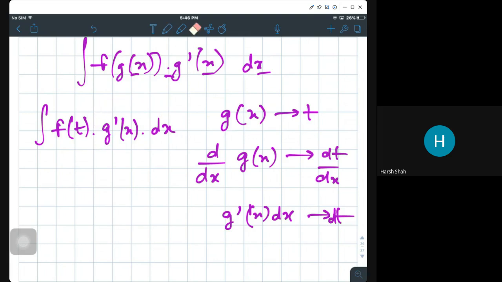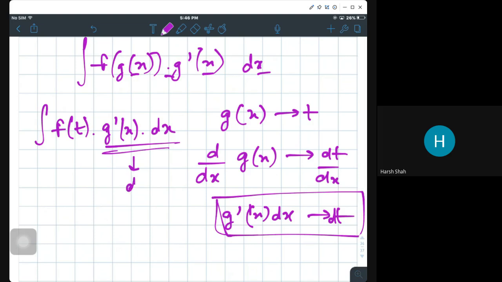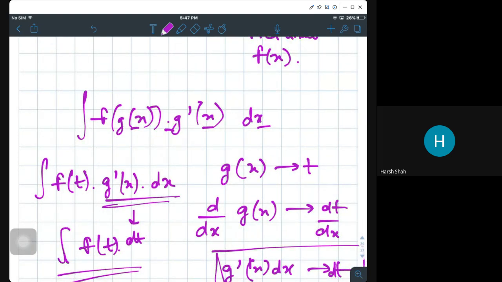So I develop a relation between both of them, and I can see that this thing can be replaced with a dt. So you have f t dt. This is your final. This is clear. Now, is there a doubt in this?